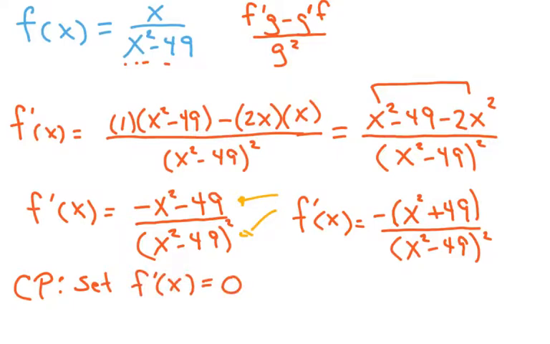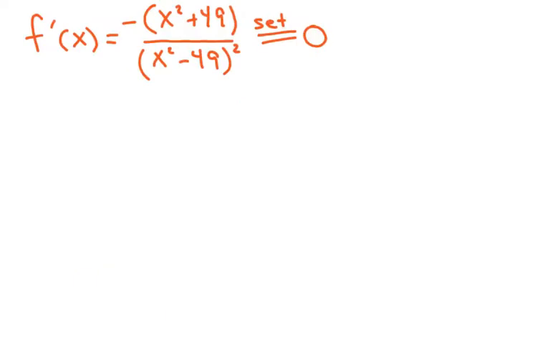I also, of course, we want to find critical points. So if we set this equal to 0, which we will do on the next page, I want to see if this can ever equal 0. Well, remember, zeros only come from the numerator. So the question we're asking is, well, let's back up.